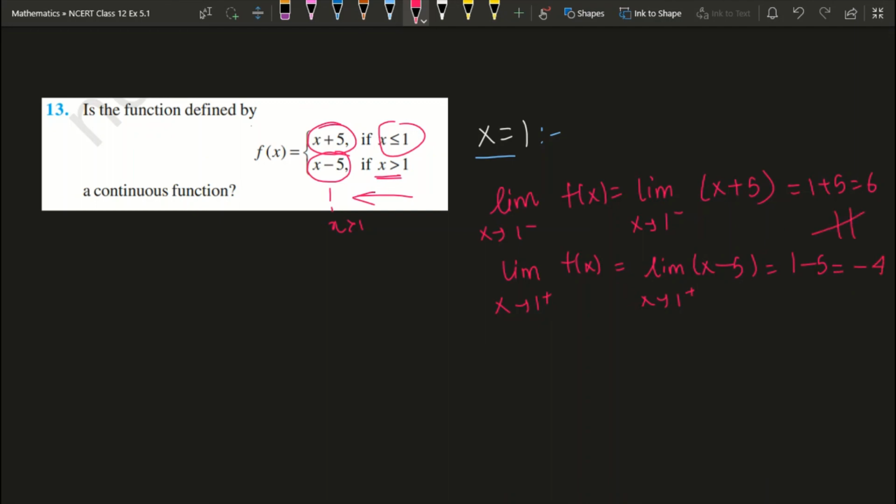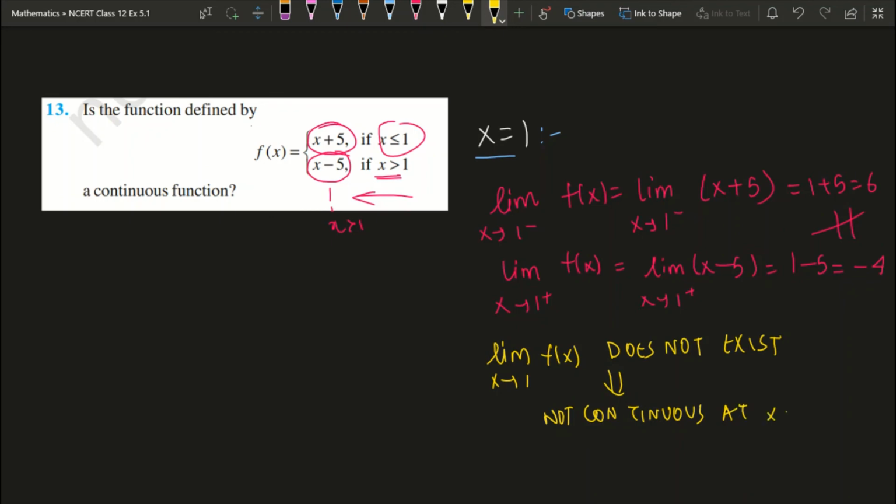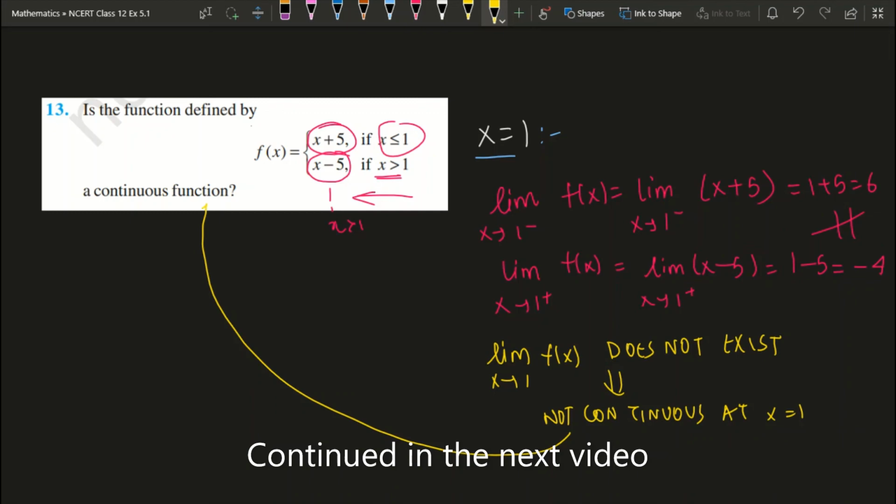Since these two are not equal, the limit as x tends to 1 of f of x does not exist. And if the limit does not exist, the function is not continuous at x equals 1. And if it's not continuous at x equals 1, it's not a completely continuous function. It's continuous at all points except x equals 1.